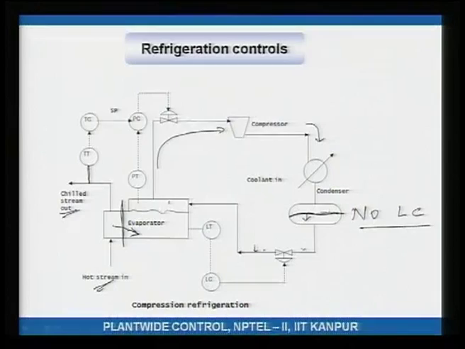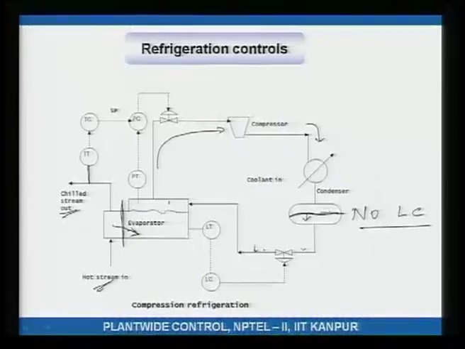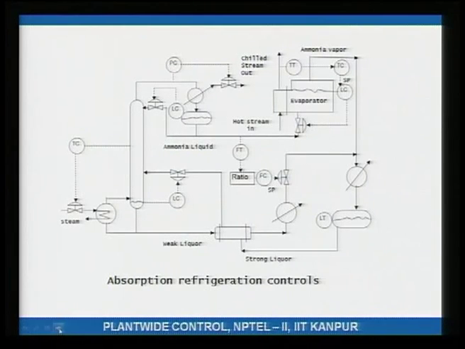But as far as the day to day operation is concerned, there is no refrigerant coming in and no refrigerant going out. Therefore, this level is not controlled, but of course, you monitor it. Once this level has gone down sufficiently because of small leaks, you charge it back up. Same thing here, once this level has gone down sufficiently, you charge more water and ammonia into the system, right. So, that is how this is done.